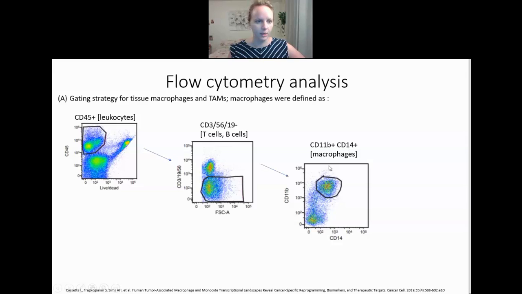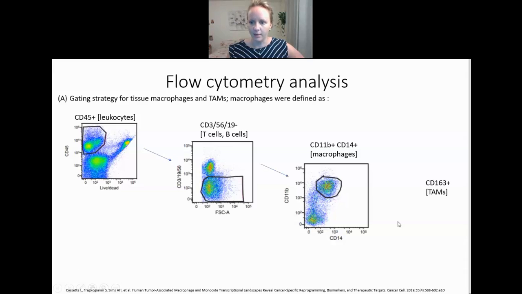So again, you can see this population here is negative for both. It doesn't express either. There's a sort of intermediate population that might be undifferentiated macrophages, maybe monocytes. There could be undecided cells. But this population here, very clearly, is a dense number of cells. This is the macrophage population.